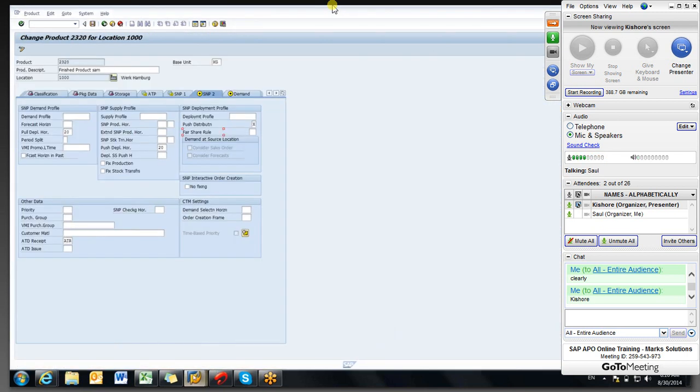Yes, for fair share rule, we can see in the next class. I really prefer to separate. So we have seen push distribution, and in the next class we can see the fair share rule. Yeah, sure. Fine, perfect.